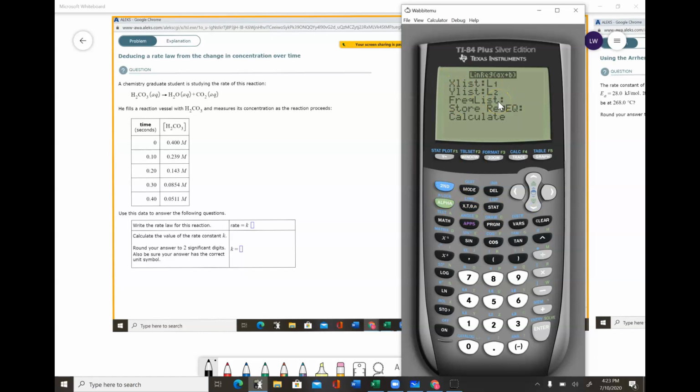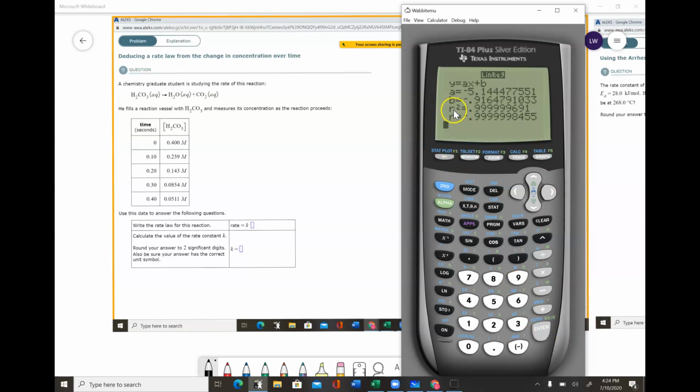Because the log of the concentration against time will be linear if it is first order. So I need list 3 in here, which has the log of the concentration. Now I go down to calculate and hit enter, and it does it for me.